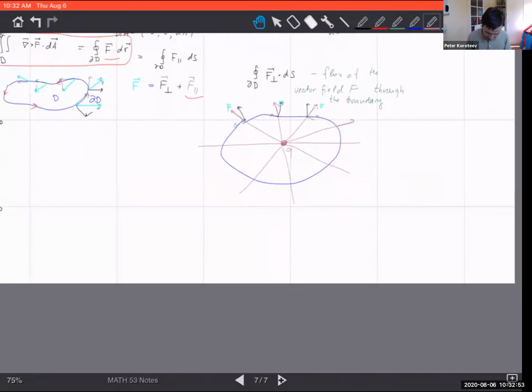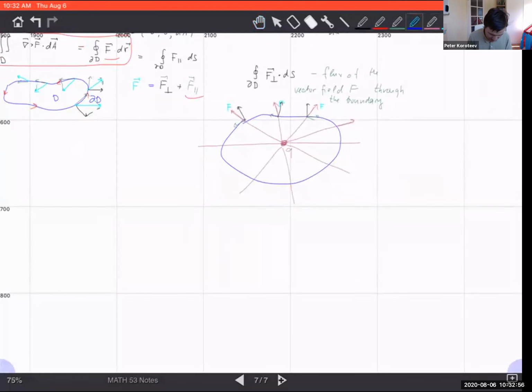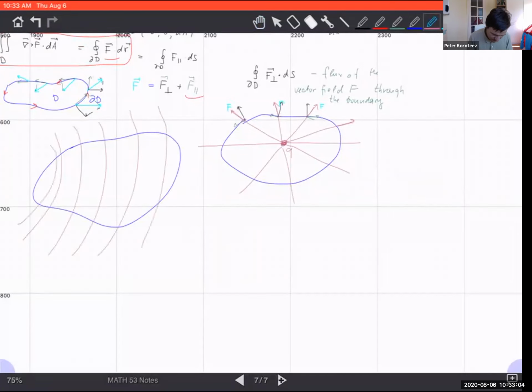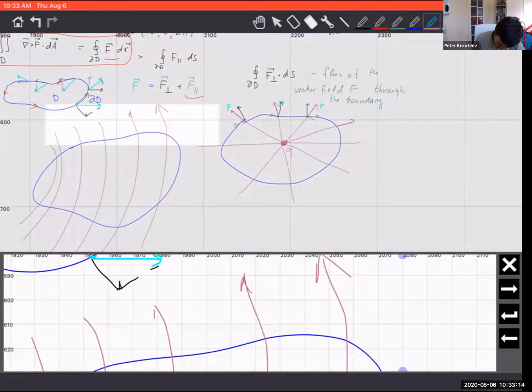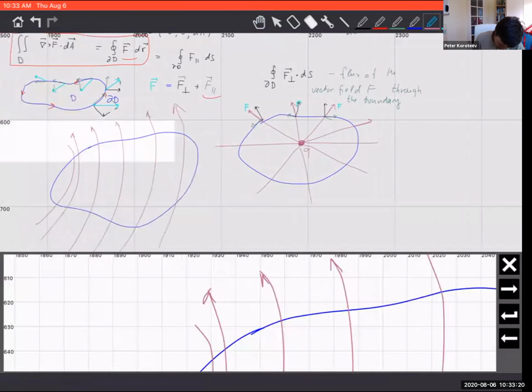But before we go, let's look at a couple of qualitatively different pictures. Again, there's a domain D, and field lines go like this. They pass through it. I drew this as a field line, but it's really a trajectory such that the vector field is tangential to this line at every point.